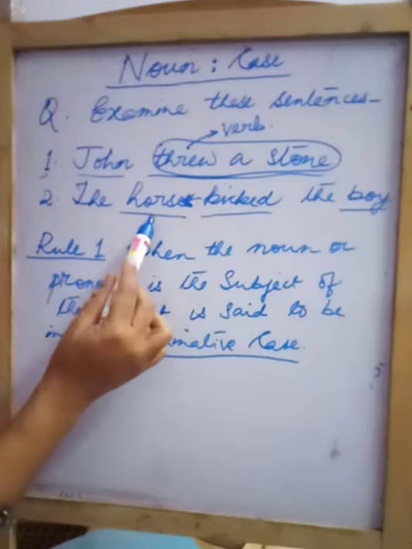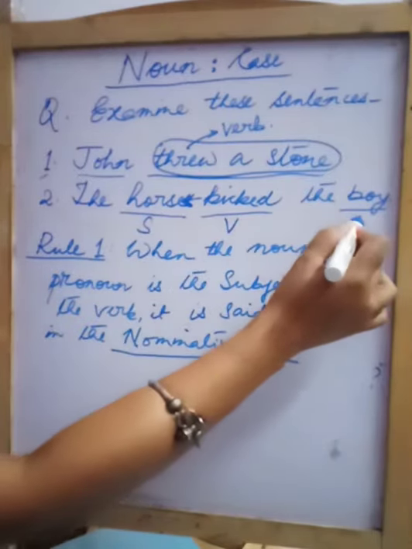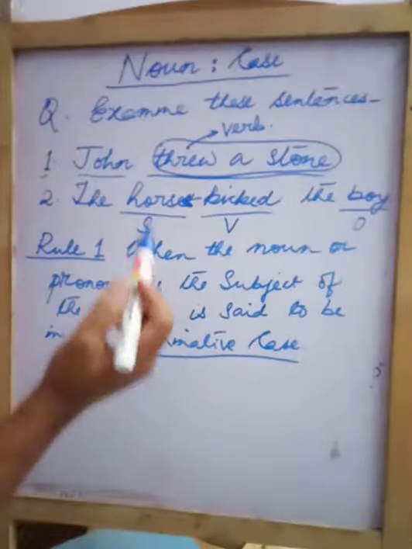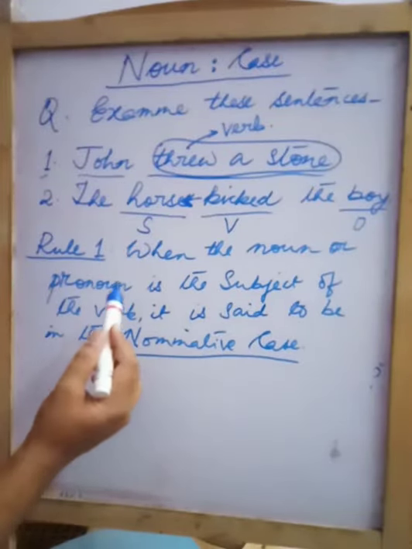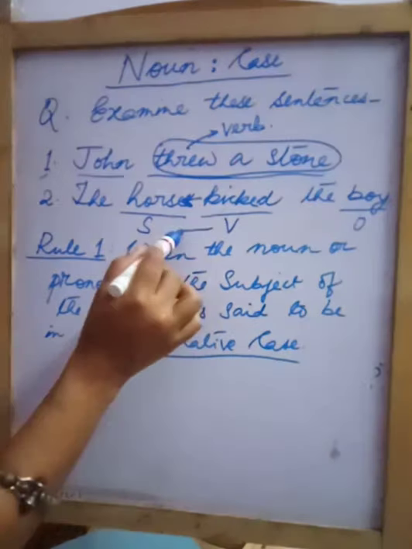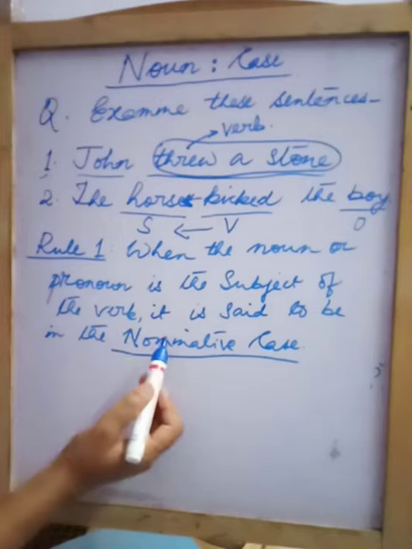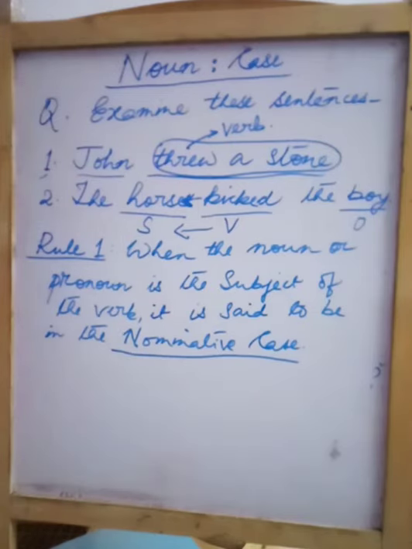Here the horse is the subject, kicked is the verb, and the boy is the object. So when the noun or pronoun is the subject of the verb, that means it is preceding the verb, in this case it is said to be the nominative case.